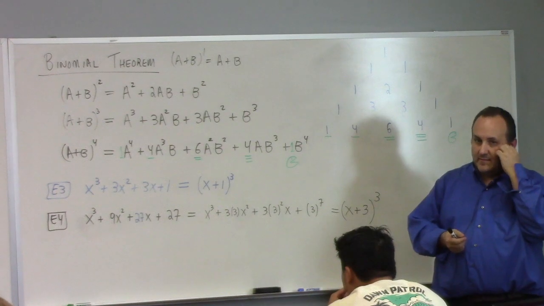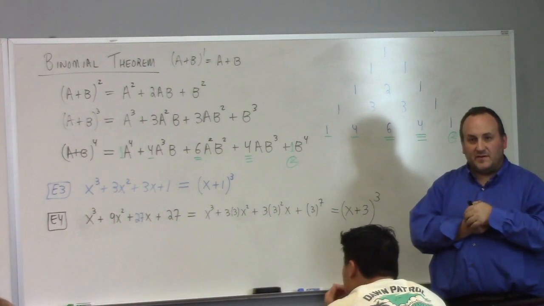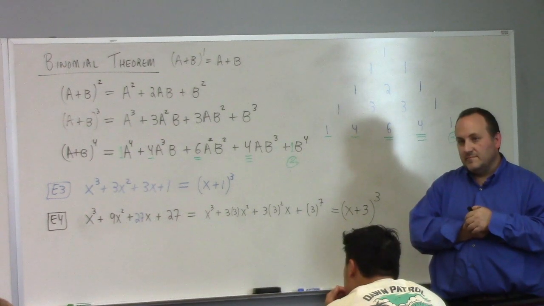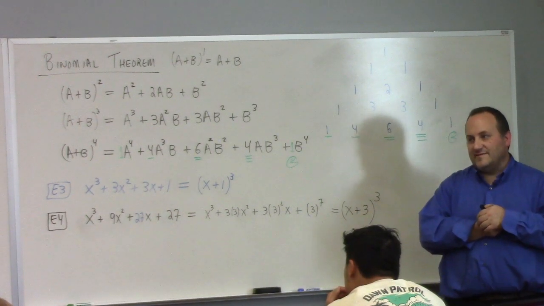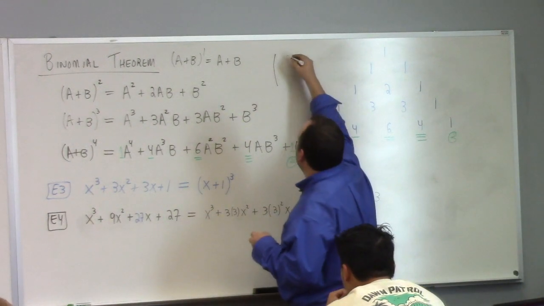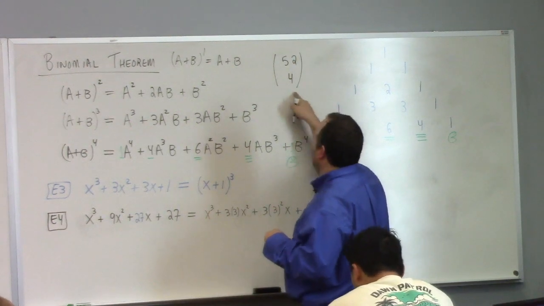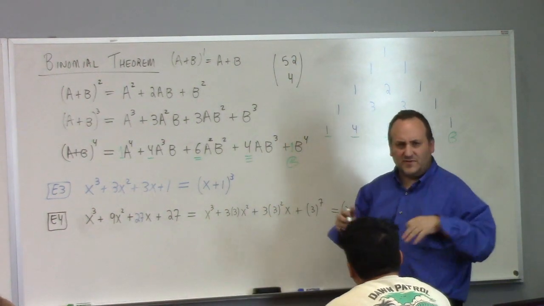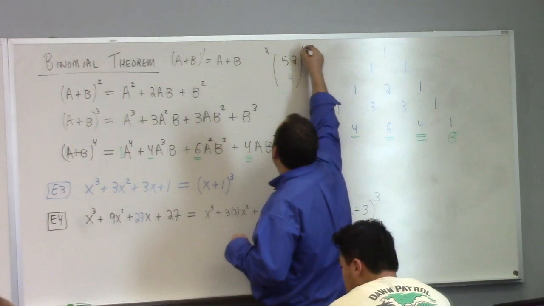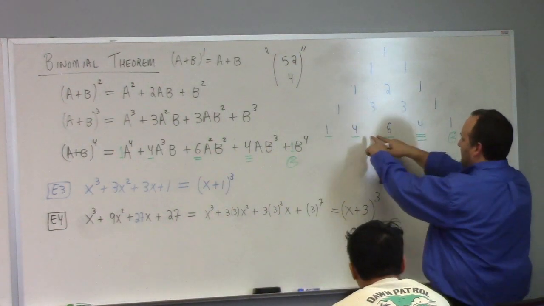How many different possible hands are there to pick? That is 52 choose 4, which is the symbol people use for that. You guys don't have to know this. 52 choose 4.